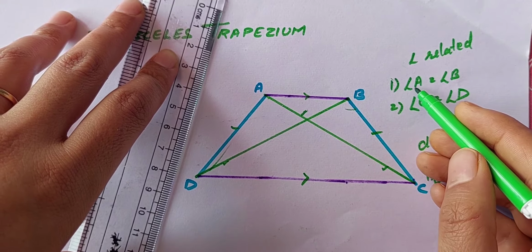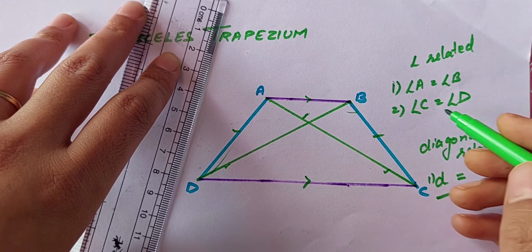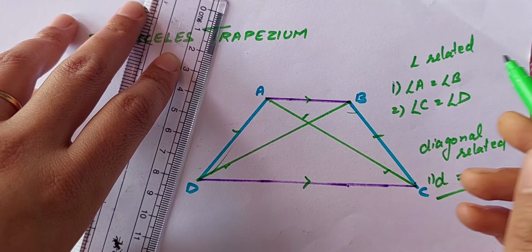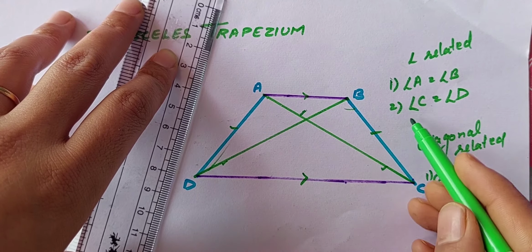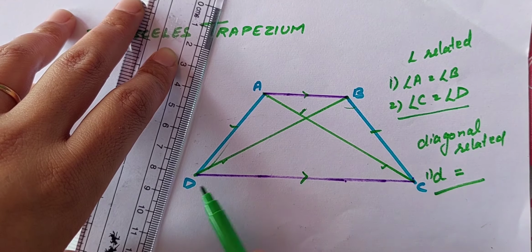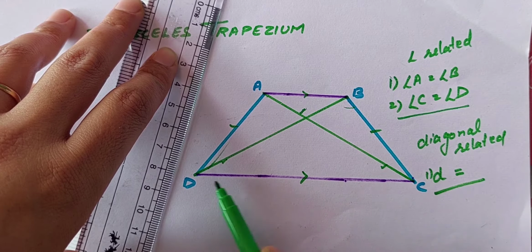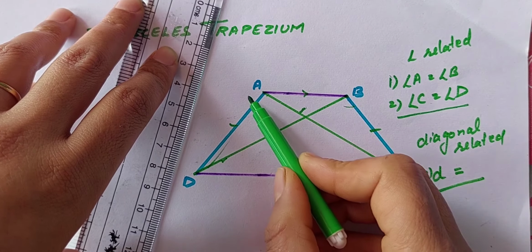If you want to prove angle A equals B or angle C equals D or a diagonal related property, you can target any one of them first. Suppose we are targeting angle C equals angle D. For angle C we need to take this triangle, and for angle D we need to take this triangle.